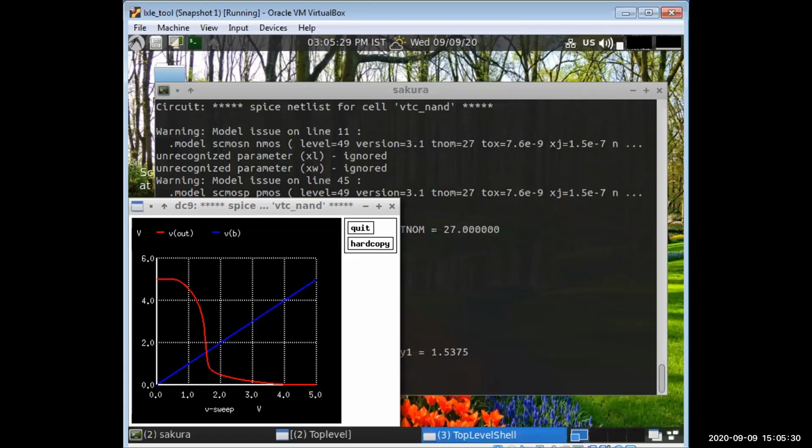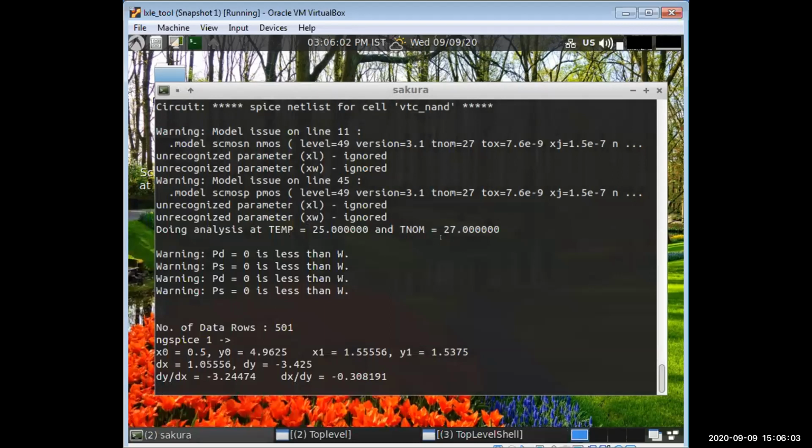This is DC6 where A was sweeping and B is constant, that is B is 1. And here I am changing B and A is constant. B1 is sweeping, and that is slightly less compared to A here. Are you observing the difference between these two plots? Yes.